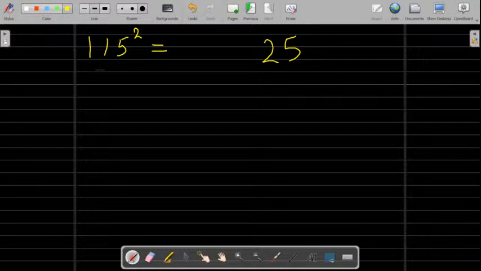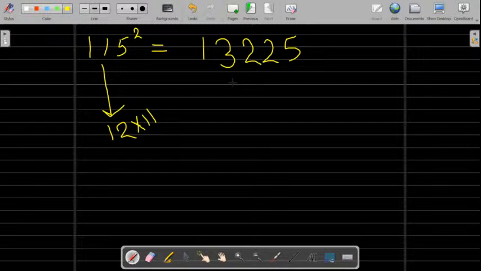Here you may get stuck calculating 11 into 12. So 11 into 12, how much will you get? 132. So this is how we can calculate the square of a number.